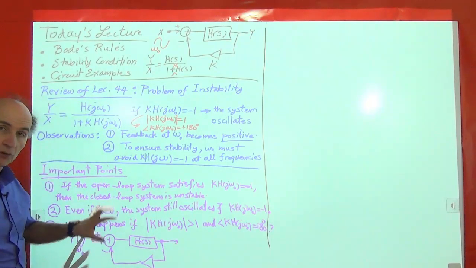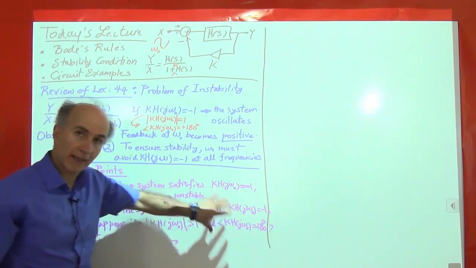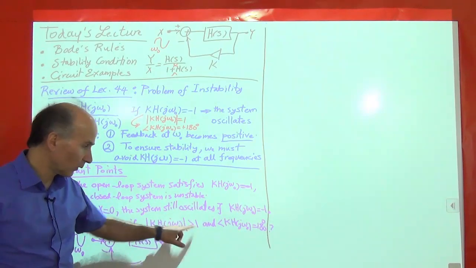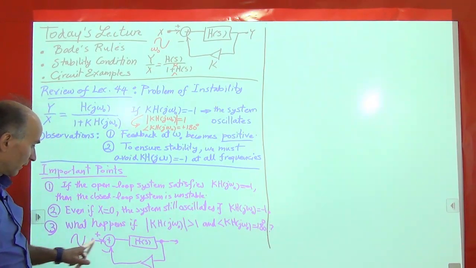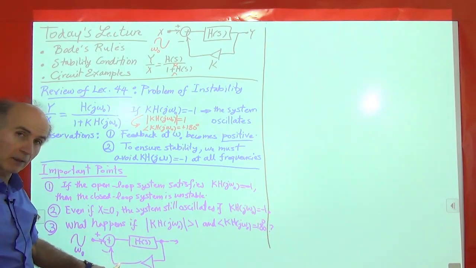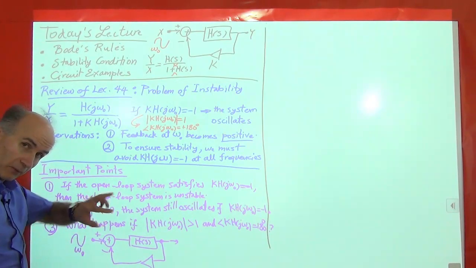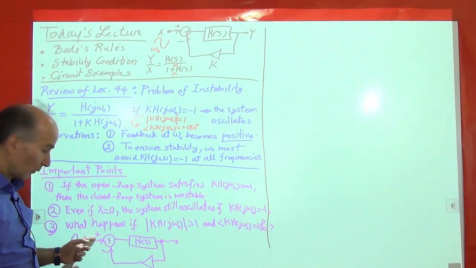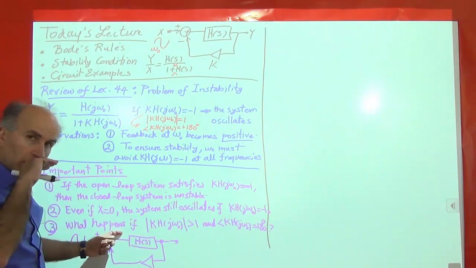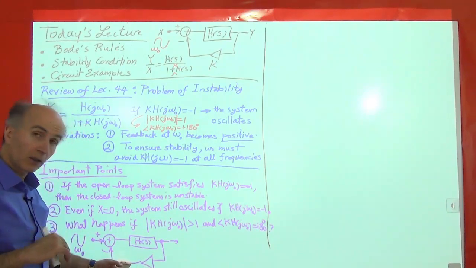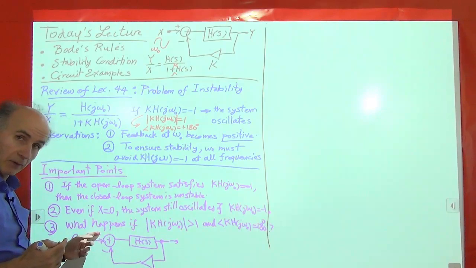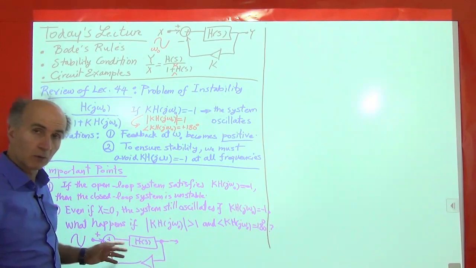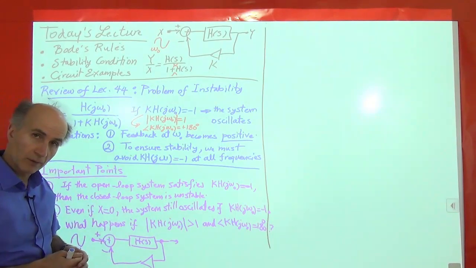So remember, we took different snapshots of this at different times, and we saw that when this was equal to 1, this signal went around the loop, came back here with the same amplitude, but flipped. Then we subtracted it from here, from the input, so we got a larger signal. That larger signal went around the loop, got flipped. We subtracted it from the input, we got even a larger signal, and so on. So the signal went around the loop and became larger and larger.